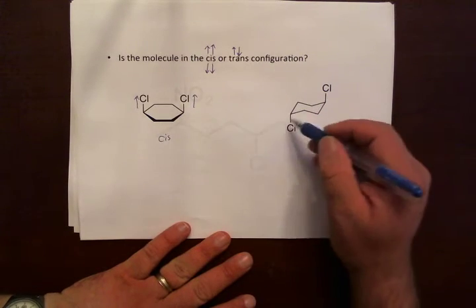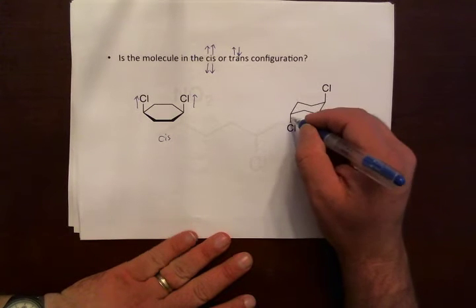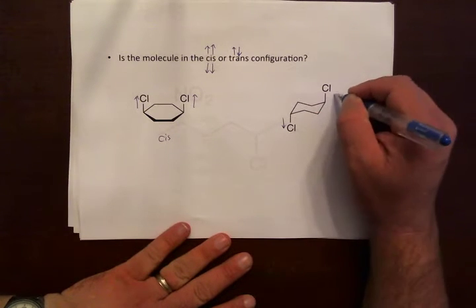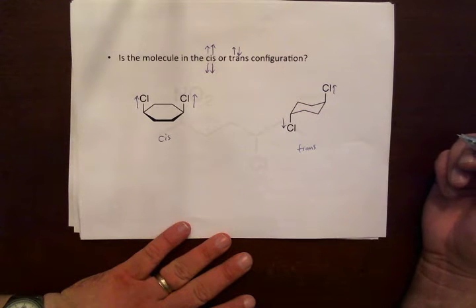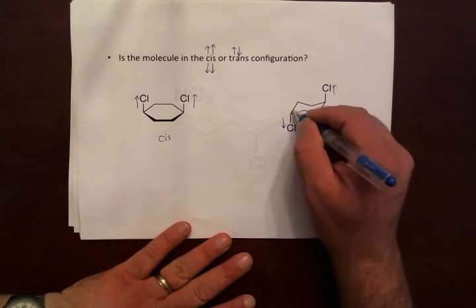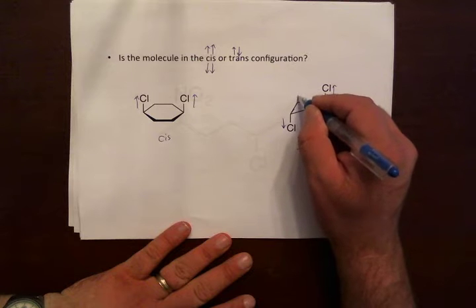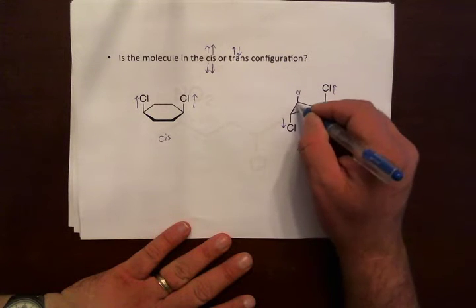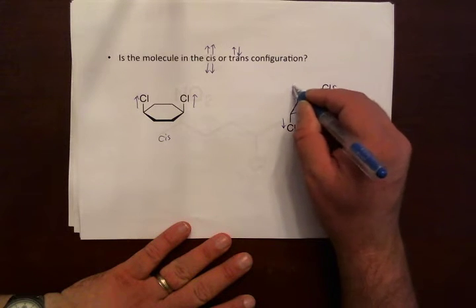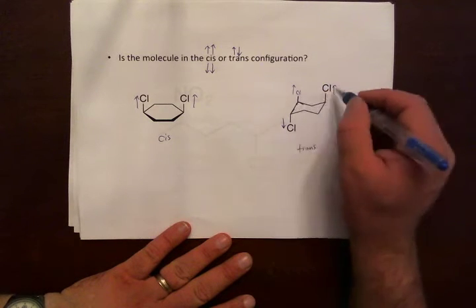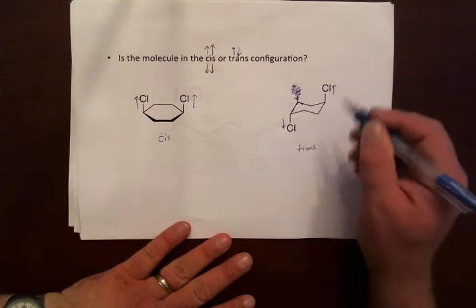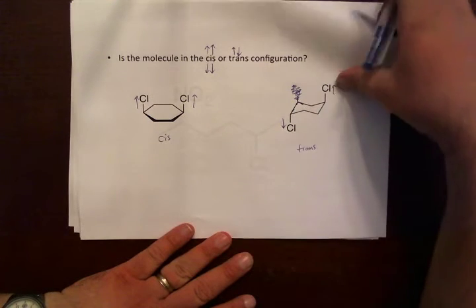Now for here, this one is pointed down, this one's pointed up, so that's trans. There you go. Now you have to remember, if it was here, again, it would be pointed up, up and up, like that. So if there were these two, then it'd be cis. But don't overthink it.